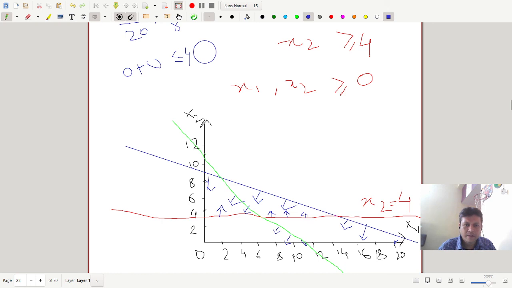So what is the common region? What is the feasible common region? This is the shaded common region, and this is the feasible region.